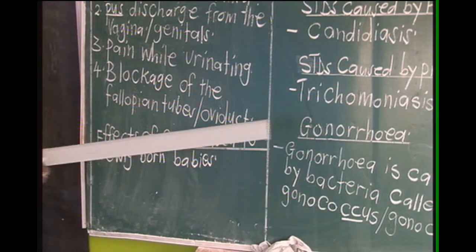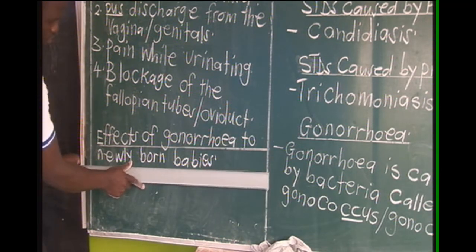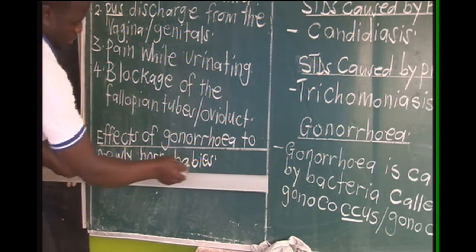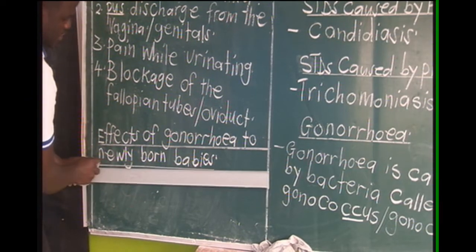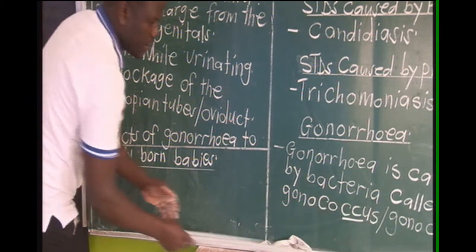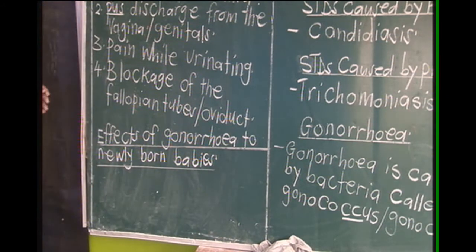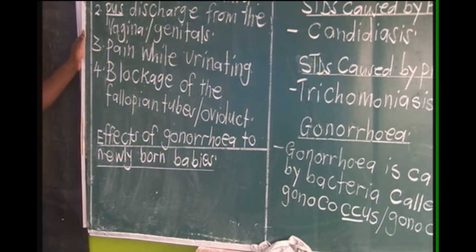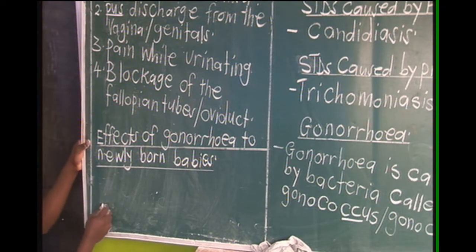So, when babies are born, in case the mother had gonorrhea when she was pregnant, it can cause blindness. So it causes blindness to newborn babies.